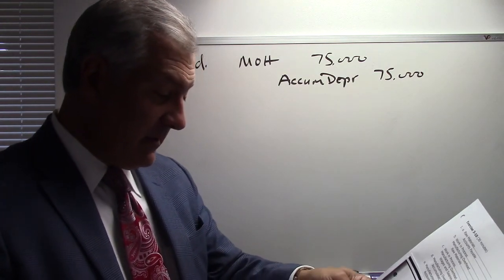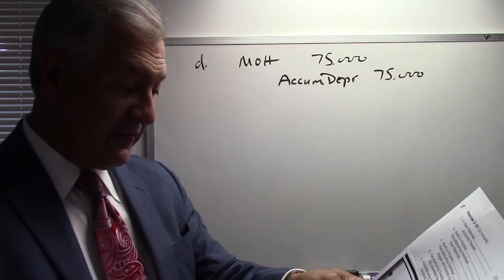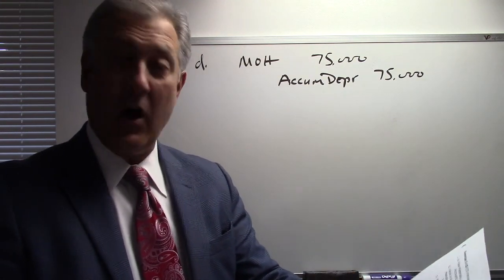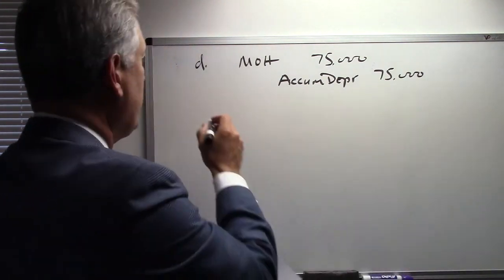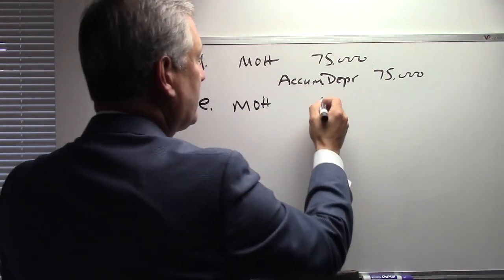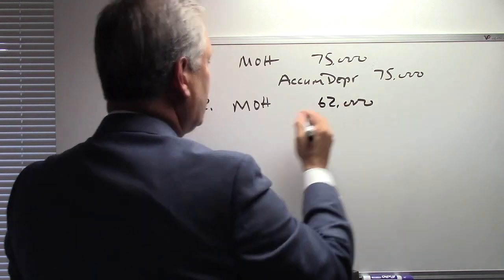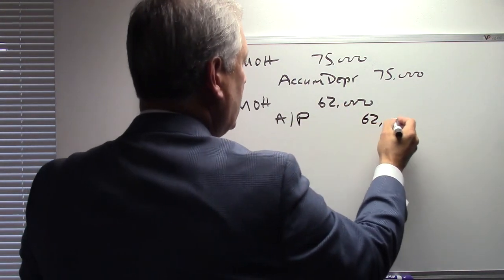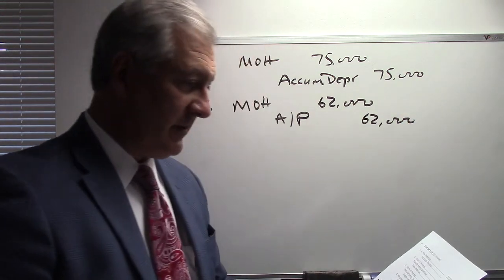Item E, other manufacturing overhead costs incurred, on account, $62,000. Other factory costs. Again, a component of manufacturing overhead. Credit accounts payable, $62,000.